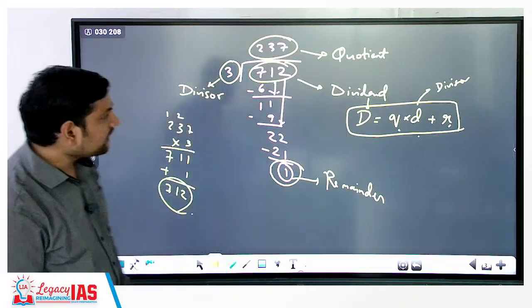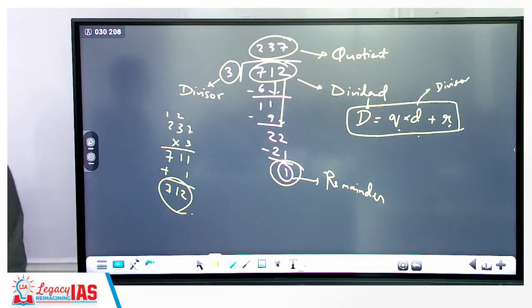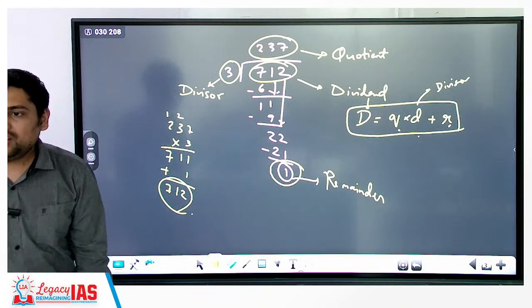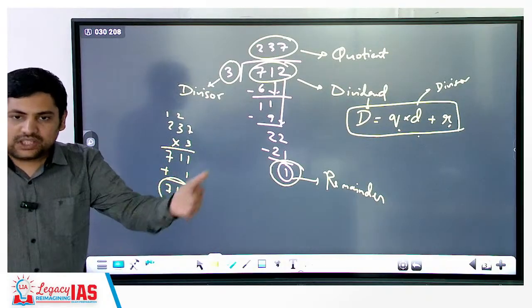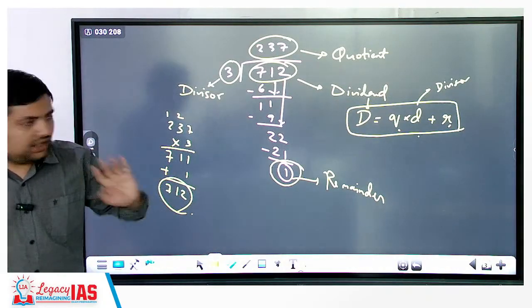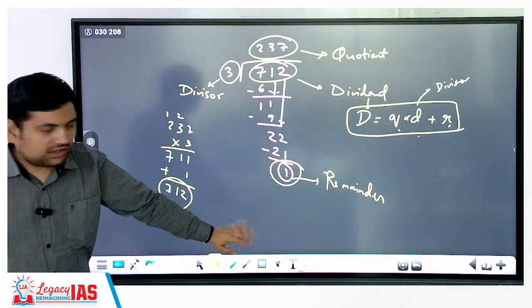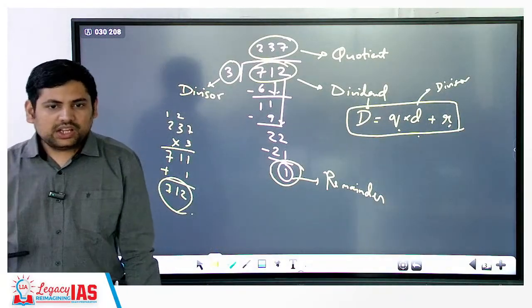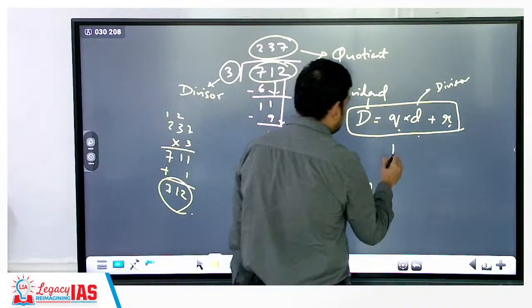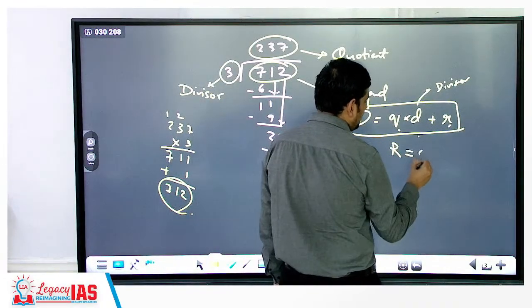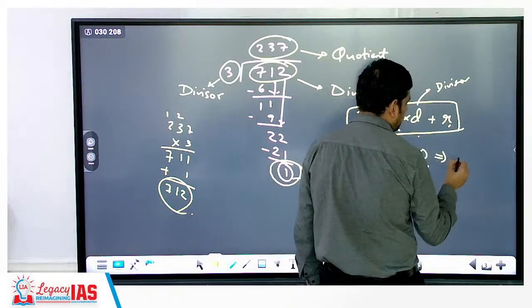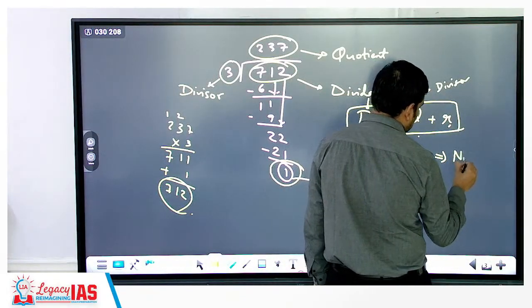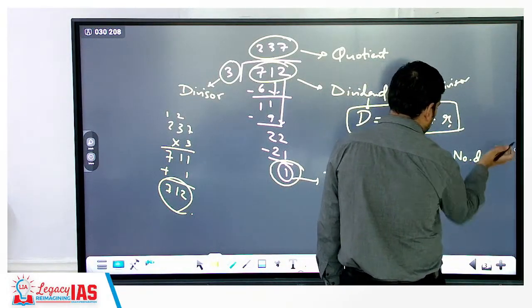Okay. Now, one way of finding out divisibility, that is, is this particular number divisible by some other particular number, is using this long division method. And if the remainder comes out to be 0, that means what?